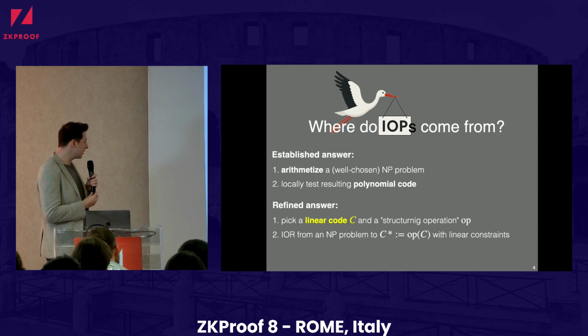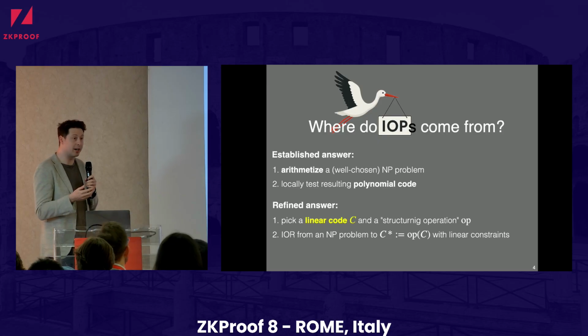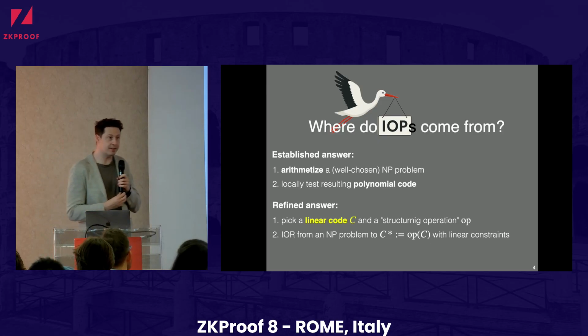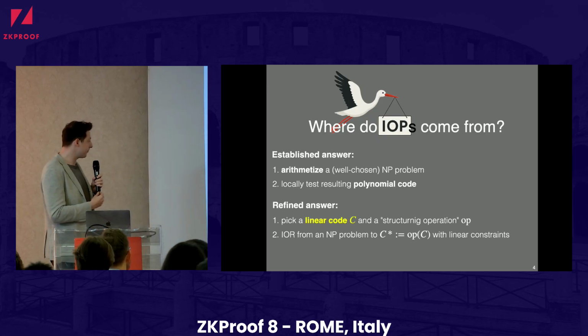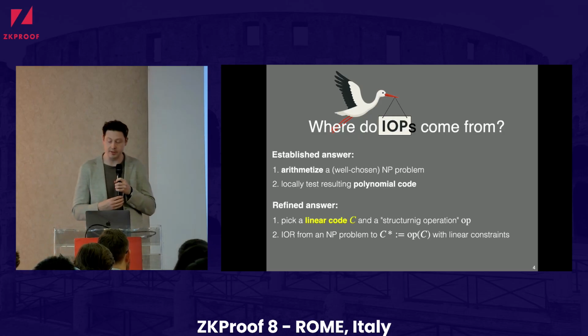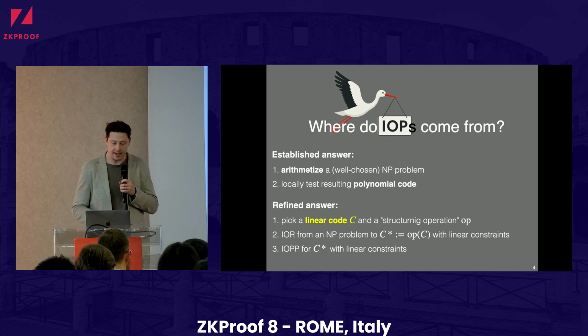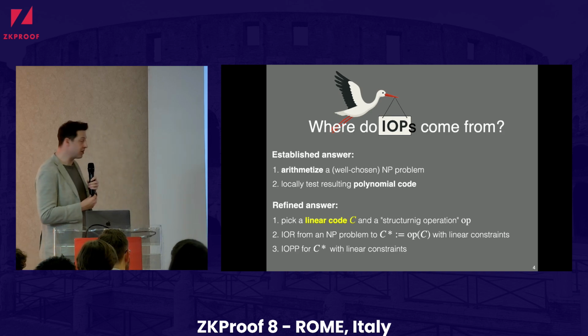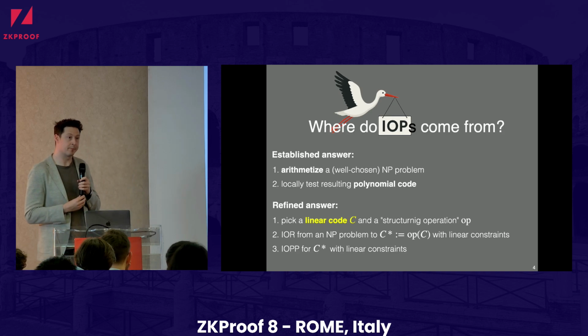And you construct an IOR from your well-chosen NP instance to some encoded problem with linear constraints over this minimal structure, such as an interleaved code or a tensor code. And after that, you construct an IOP of proximity for this problem, okay?